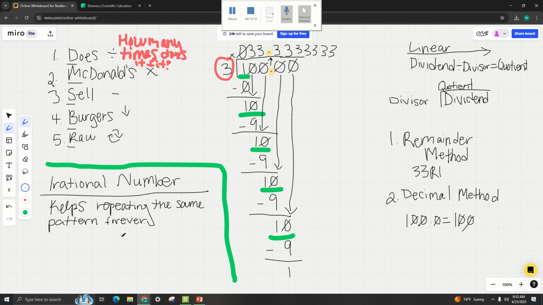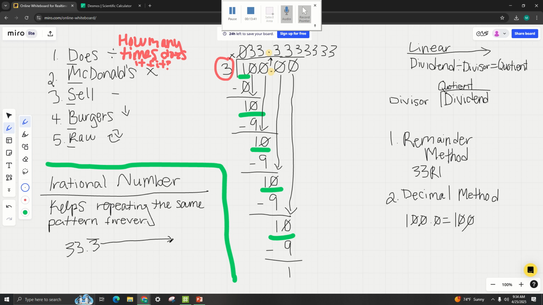And how we can represent this is we take our whole number portion, 33, and then I take my decimal portion, which I know is just going to be 3, and I draw a line above my decimal portion. That tells me and anyone else who sees this number right here that this 3 just keeps going and going and going.